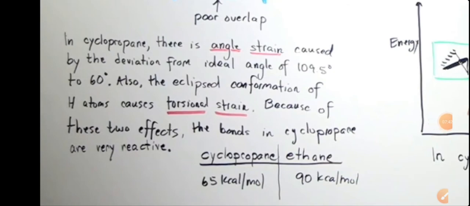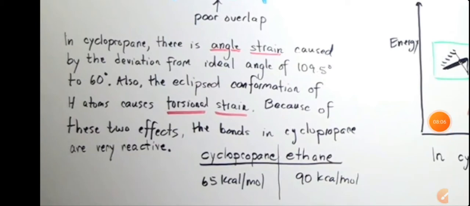So we can break this cyclopropane bond very easily because that bond does not need much energy, because of the poor overlap. This bond already has a very poor strength, so very little energy is needed to break that bond.